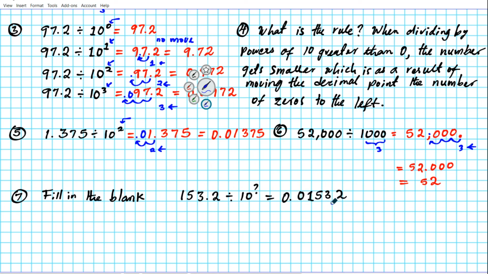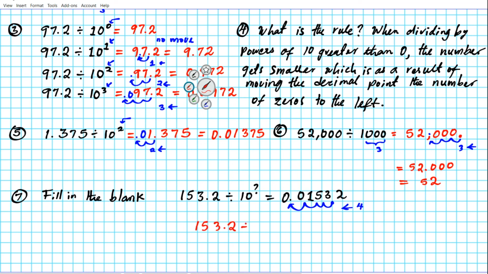Starting from 3, we have to move 1, 2, 3, 4. Voila. There you go. We moved it to the left 4 places. So what power of 10 do we have to divide 153.2 by to move the decimal point 4 places to the left? It's 4, right?